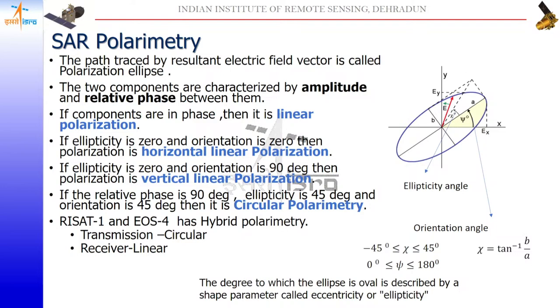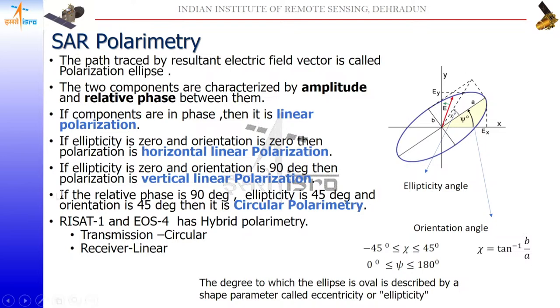So by changing the phase between the horizontal and vertical polarization, we can make different types of polarization ellipse. If the phase difference is 90 degree, then we can have a circular polarization. Otherwise we have the elliptical polarization. And if the ellipticity is 0 and relative phase is 0, then we are having the linear polarization.